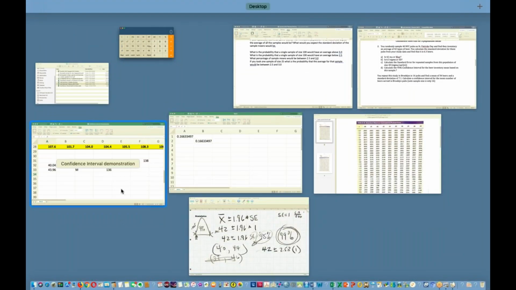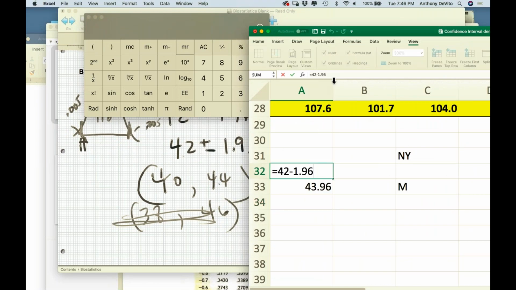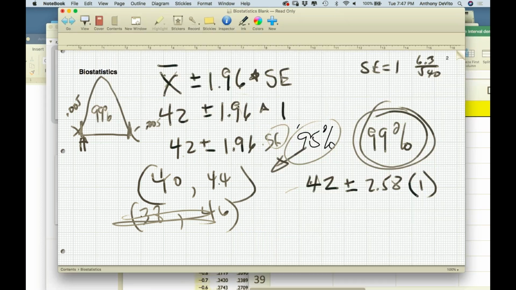So instead of 1.96, now it's going to be 2.58, and 2.58 added. So our new confidence interval is 39.4 to 44.6. It's wider, so I'm more confident.